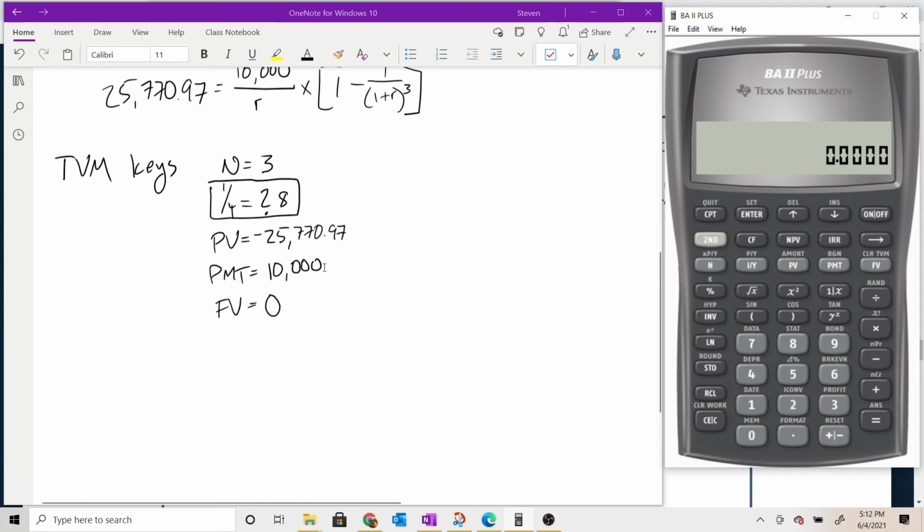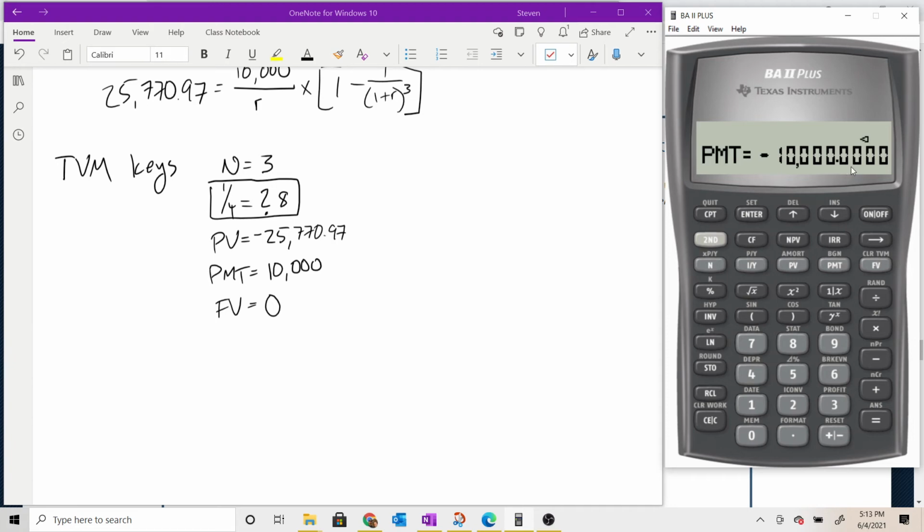We could just as easily adopt the perspective of the one who is selling this investment, and in that case, this person would have a cash inflow of $25,770.97, but then would have a cash outflow of $10,000 over the next 3 years.